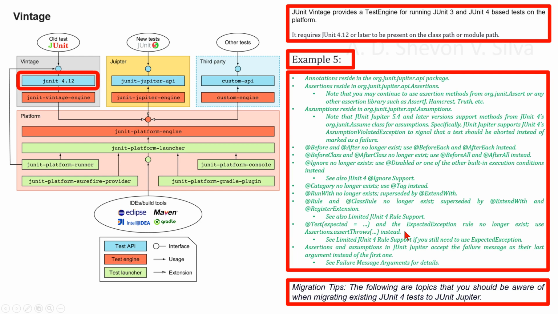Use Assertions.assertThrows instead. Assertions and assumptions in JUnit Jupiter accept the failure message as their last argument instead of the first one.